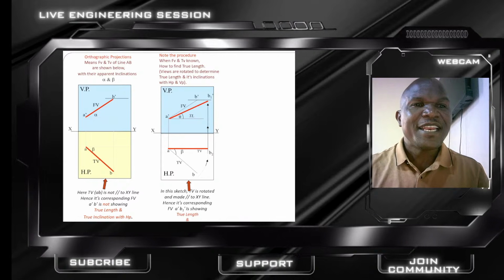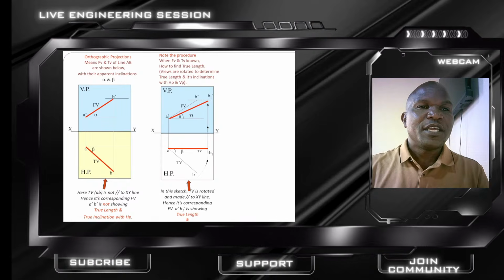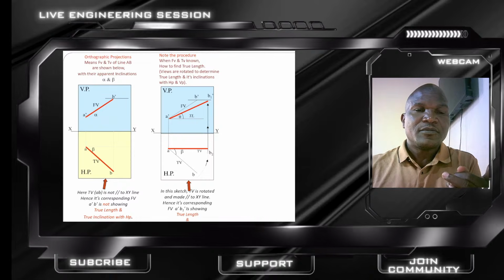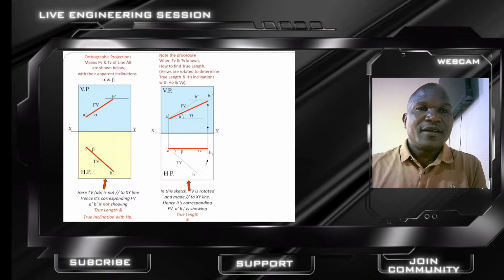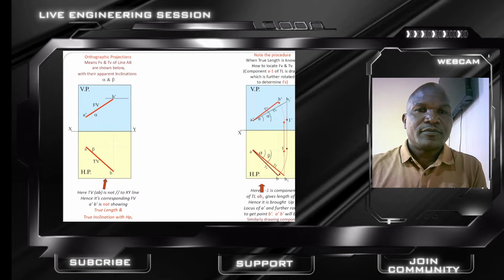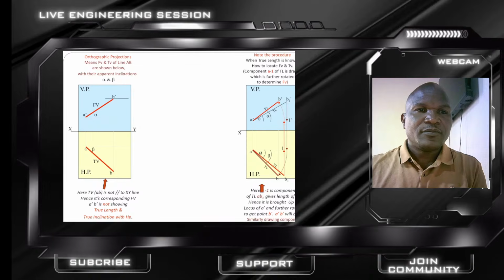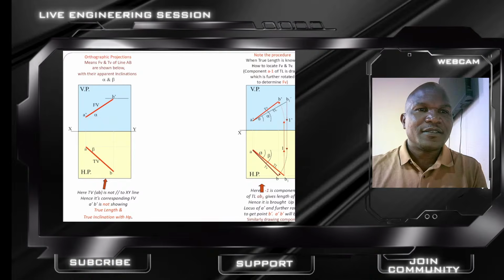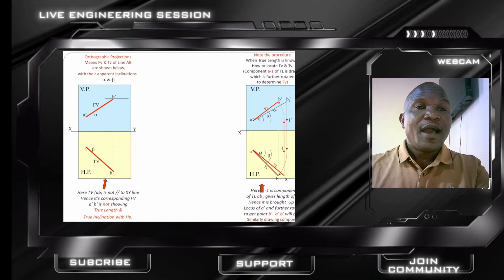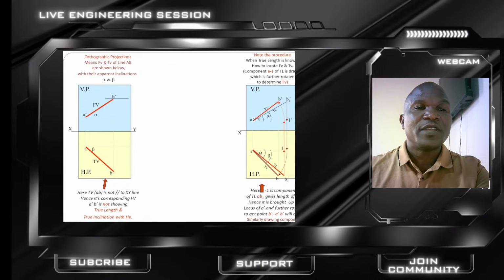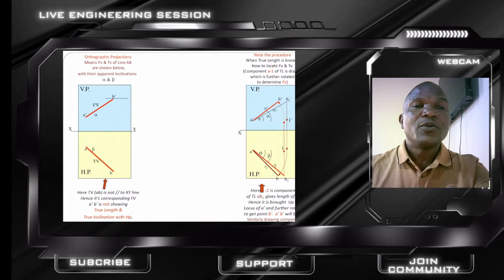So if the line is inclined to the HP, now we solve a line problem. First, the line is parallel to the VP. It's inclined to the HP. The key idea: we start with one end.